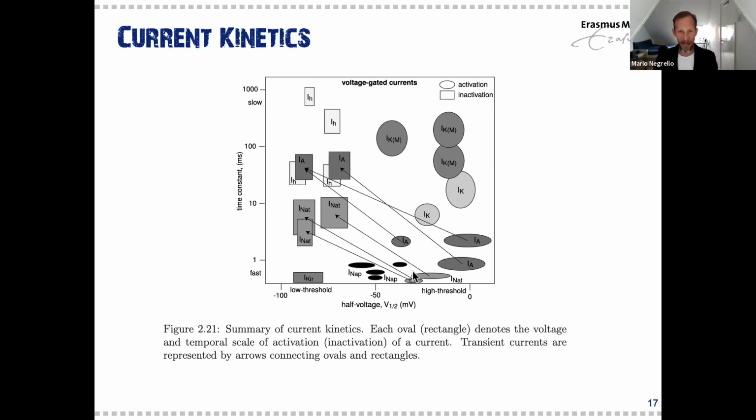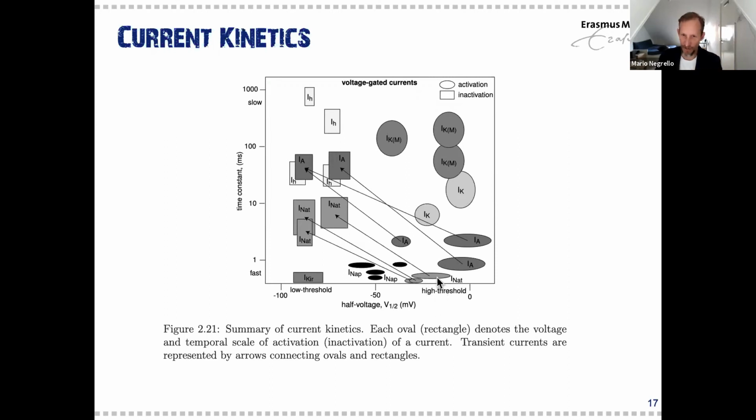On the x-axis you have the half voltage of the sigmoid, basically where the middle point of the activation is. You can see that, for example, our main potassium current here, IK, is activated at a high threshold and has a fairly slow time constant.